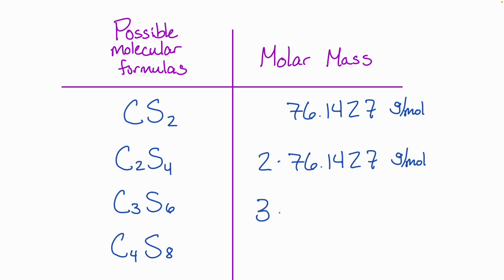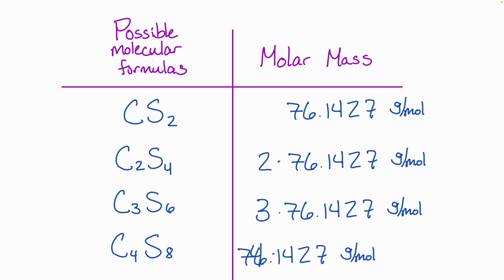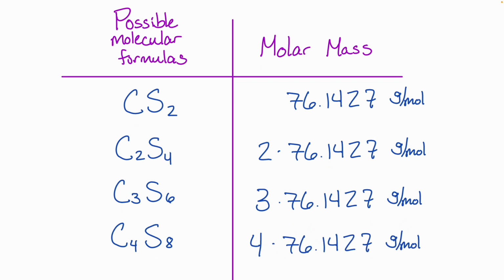Likewise, my C3S6 formula would be just 3 times the 76, and 4 times the 76 for the next one. So I could just play this game where I guess and check.